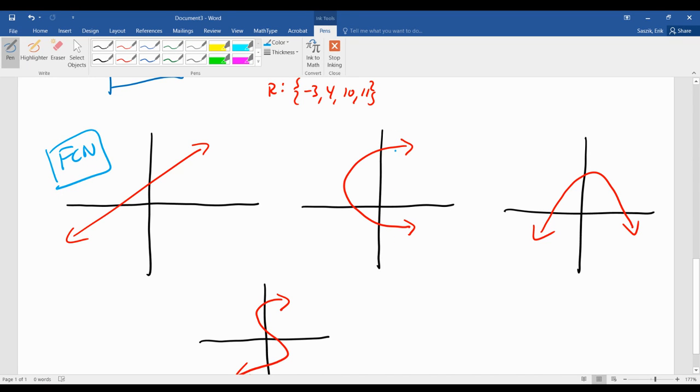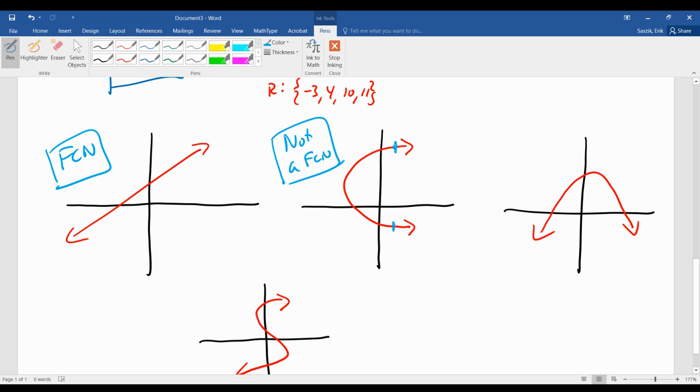Here, if we draw a vertical line here, it crosses 2 times. That's a problem. That's not a function. And the reason why is because of the x values. You see here, the x value up here, you see how it lines up with this?